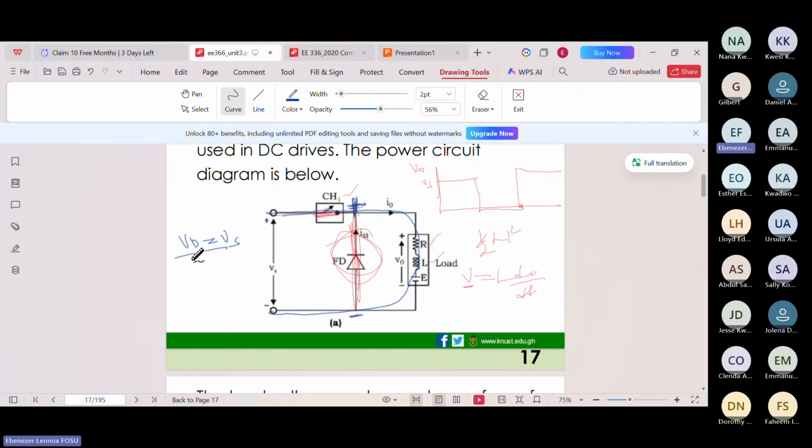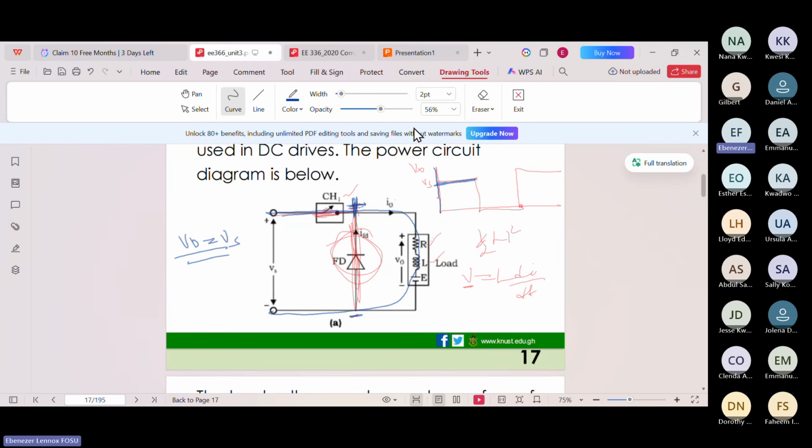So that's what we are going to have. So when you are drawing the waveform during the time that the switch is on, CH1 is on, you have V naught equal to the supply voltage. That is this portion, right? So that is when CH1 is on. So if we turn it off, this is what is going to happen.